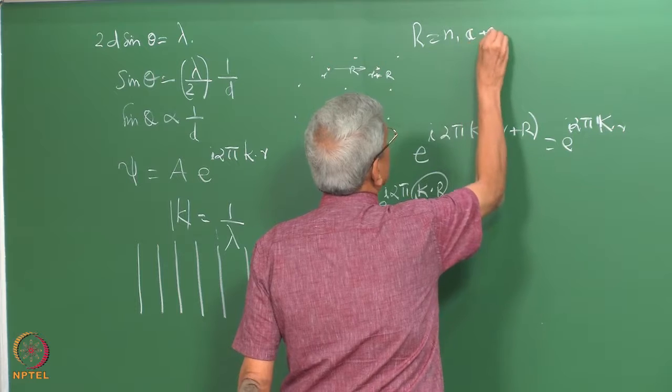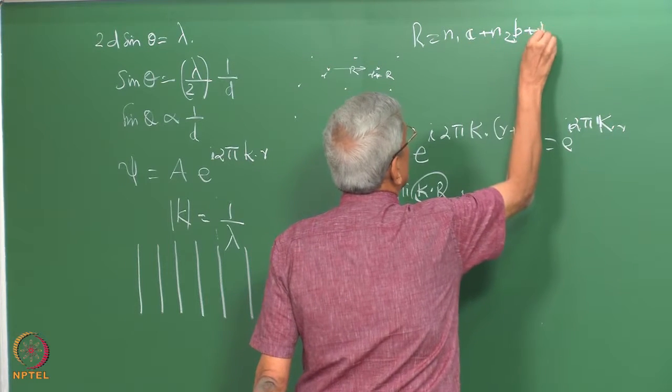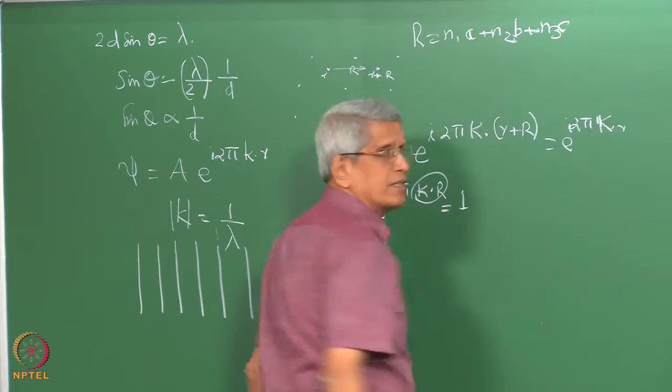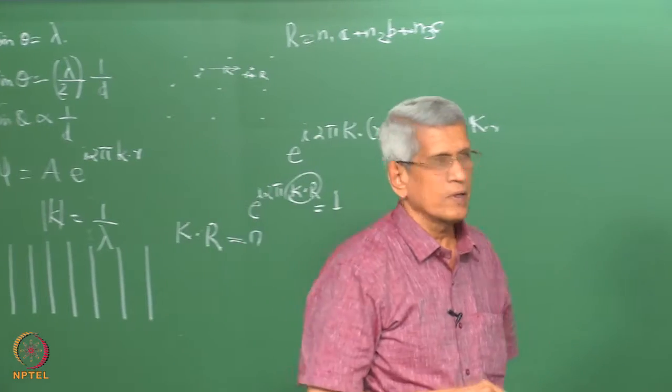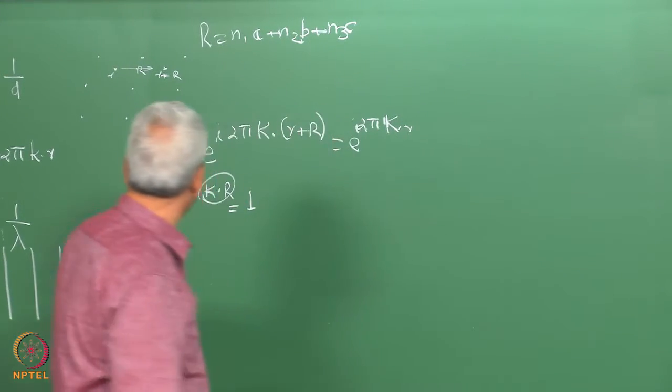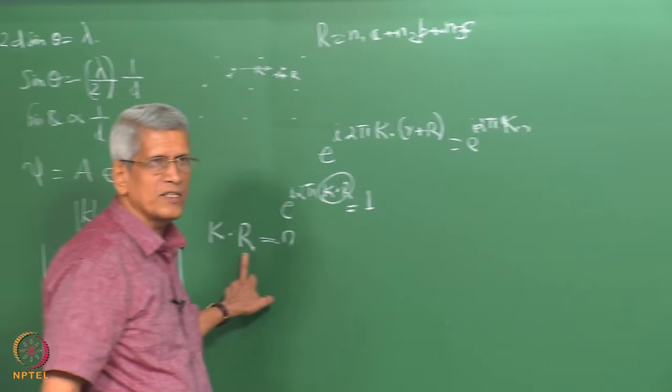n1 into A plus n2 into B plus n3 into C. This is the way we can write it. If I substitute it here, then what will this expression become?